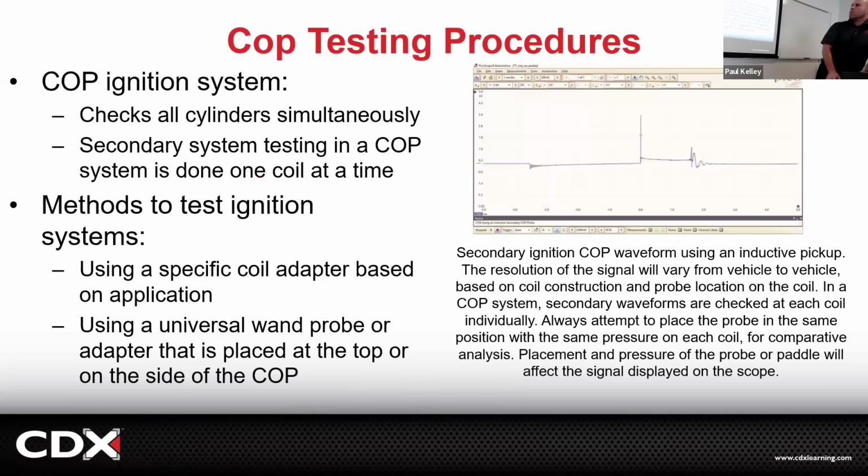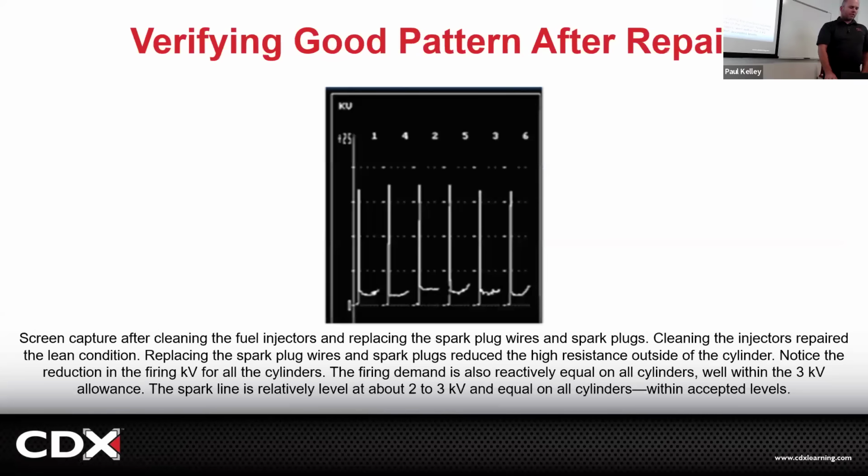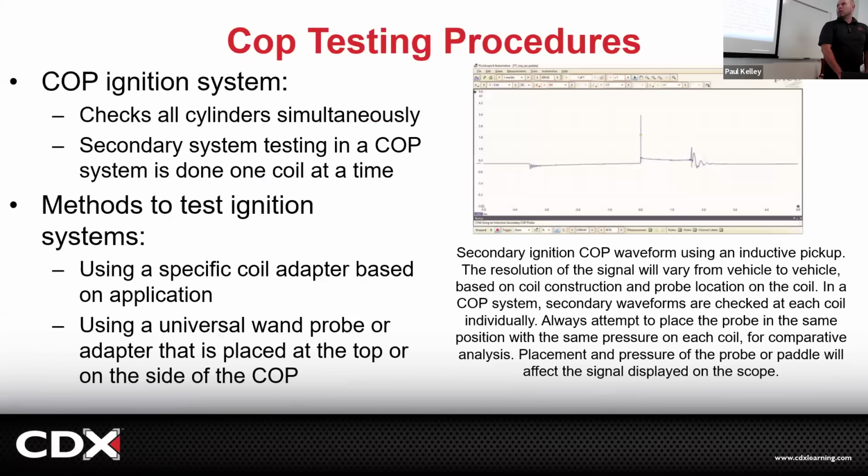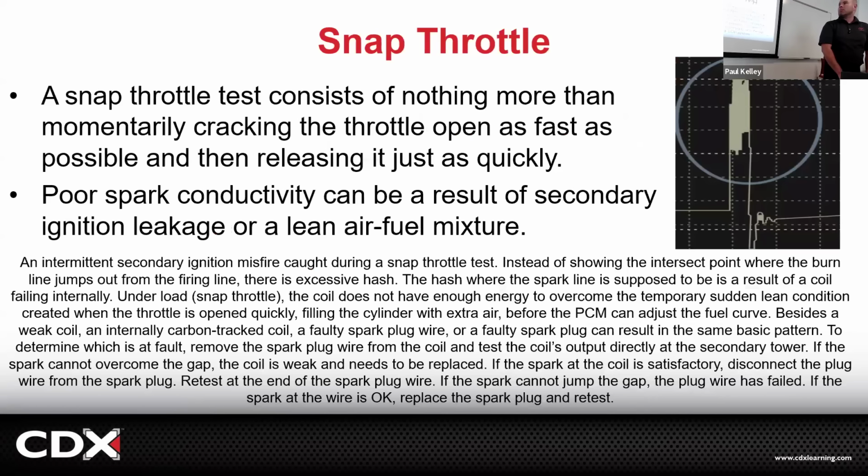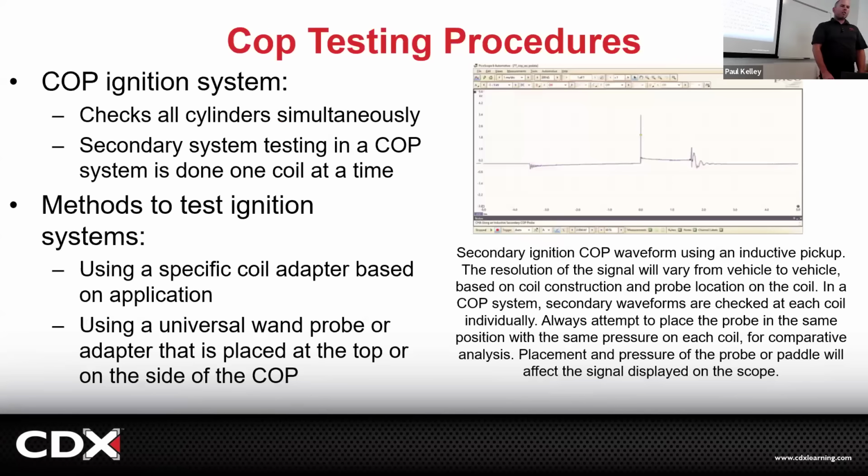Cool. So when we do coil on plug, it's similar, but there's a bit of a difference. When we were back on this, can you see all your cylinders, 6 cylinders? With measuring 1 coil, because 1 coil fires all 6 on a distributor, am I right? What about coil on plug? 1 coil is going to fire 1 cylinder.